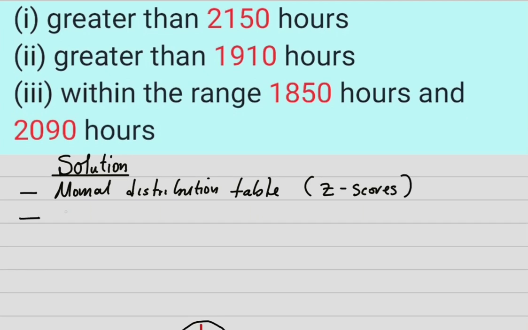Then two, we are going to be looking at the normal distribution curve. This is going to help us to understand what the question is talking about and how to solve it. So quickly, let me move to the curve so that I can explain one or two things using the curve now.